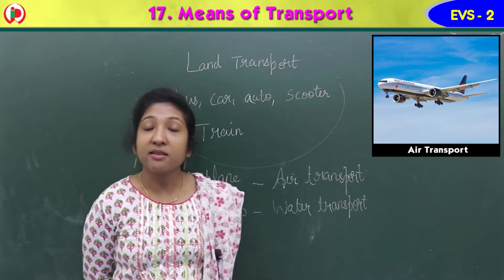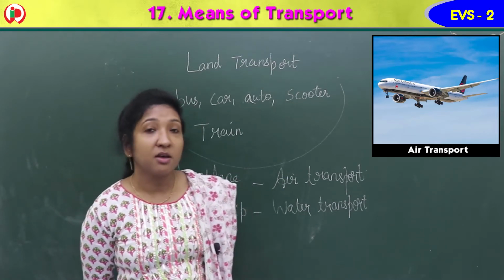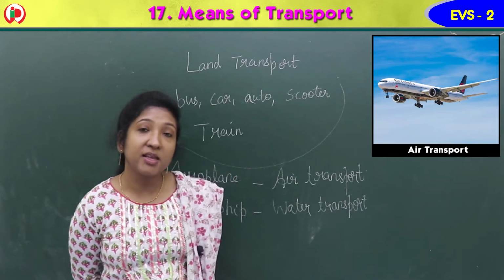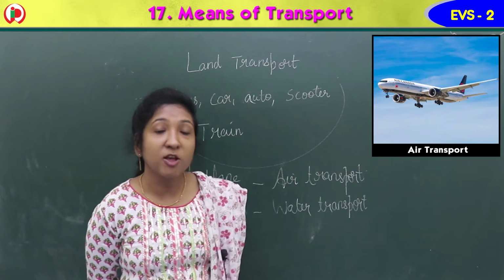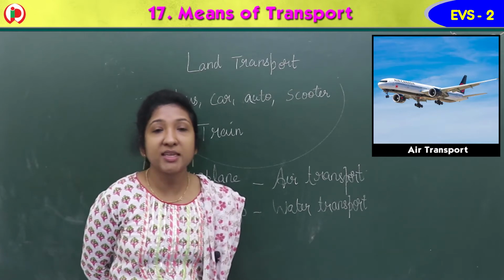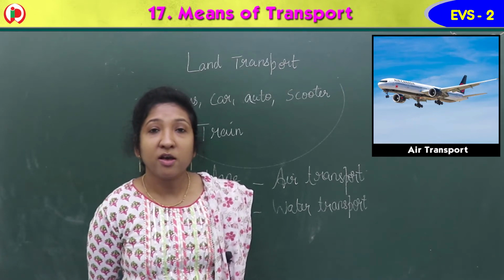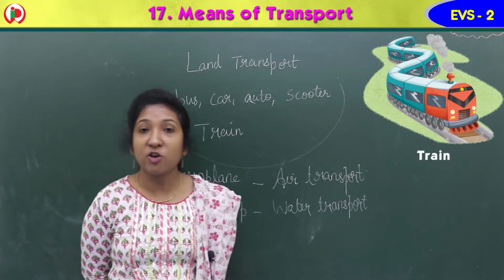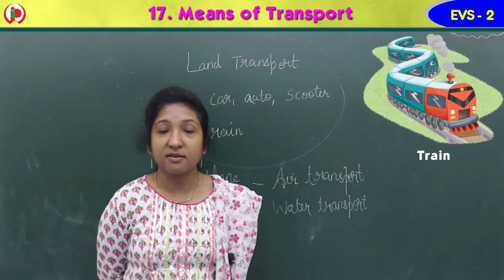And suppose you want to go for a function that is happening in your relative's home in Bangalore, and you are staying in Hyderabad. You can prefer a train also, isn't it? A train moves on rails, on railway tracks.